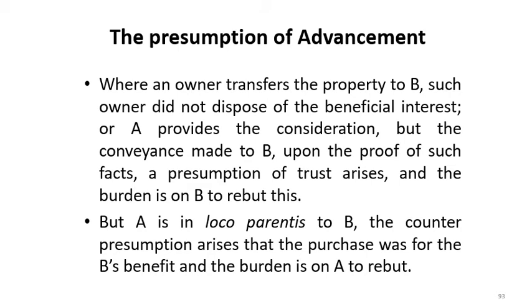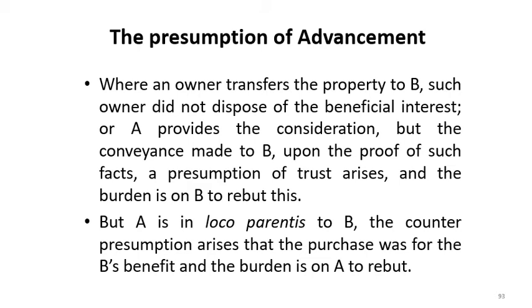In the first, the owner transfers the property to B. In the second, A provided the consideration and the conveyance was made to B. But if the relationship between those two parties is in loco parentis, then what is the situation? Then the counter-presumption arises that the purchase was for B's benefit, and the burden is on A to rebut it.